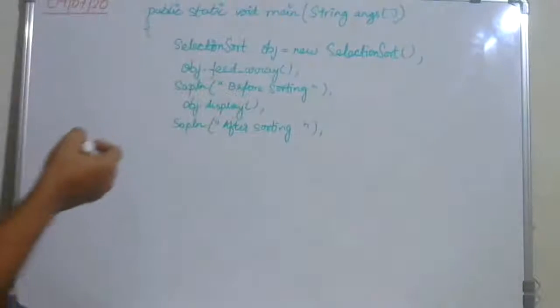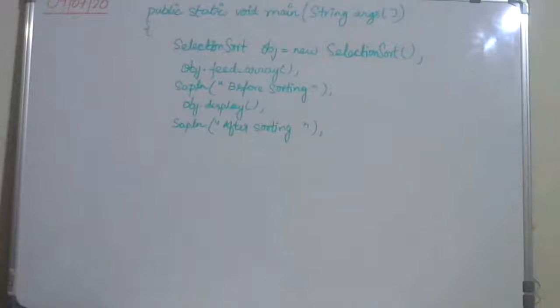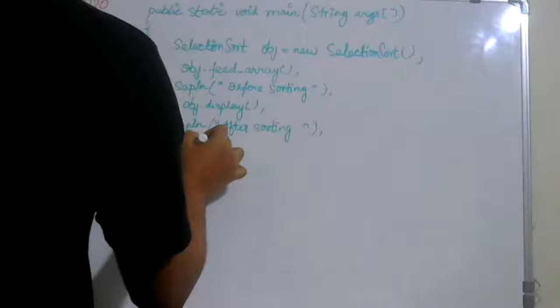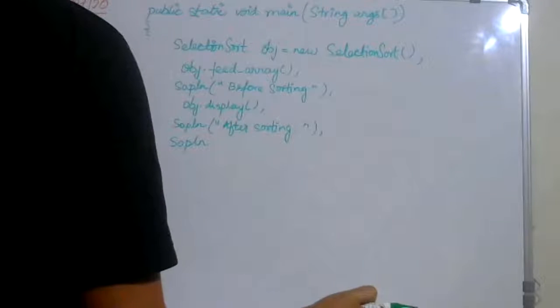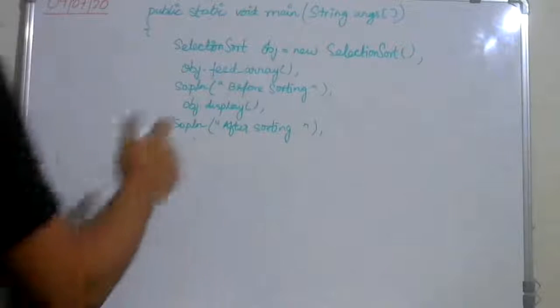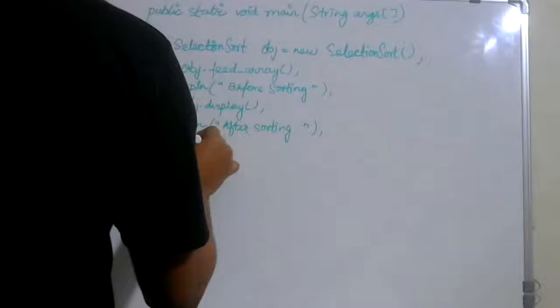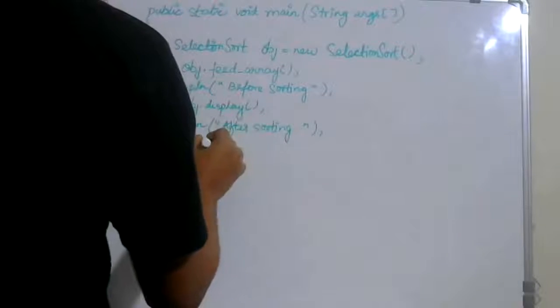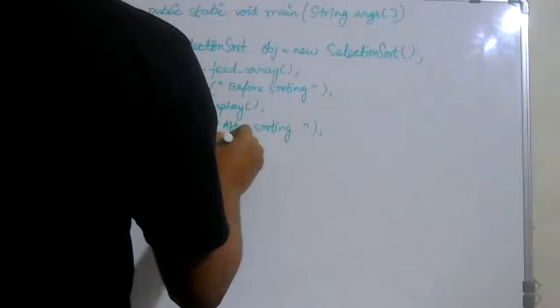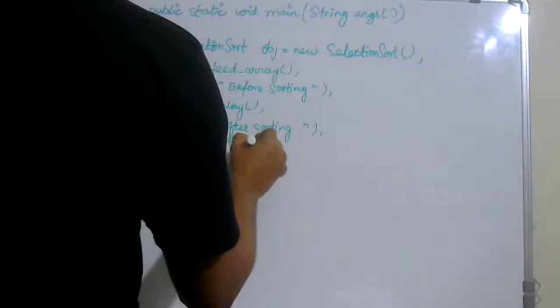We also add, since we are going to sort in both ascending as well as descending order, one more message to the user. Or rather, let us first call the sorting method. obj dot sort_ascending.